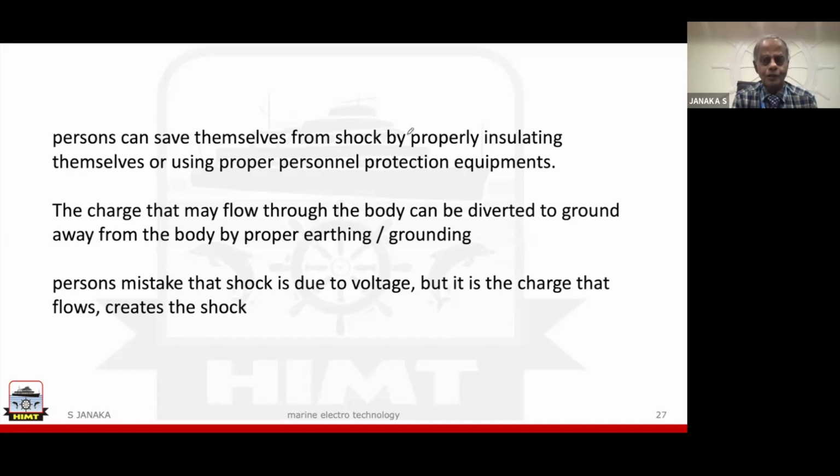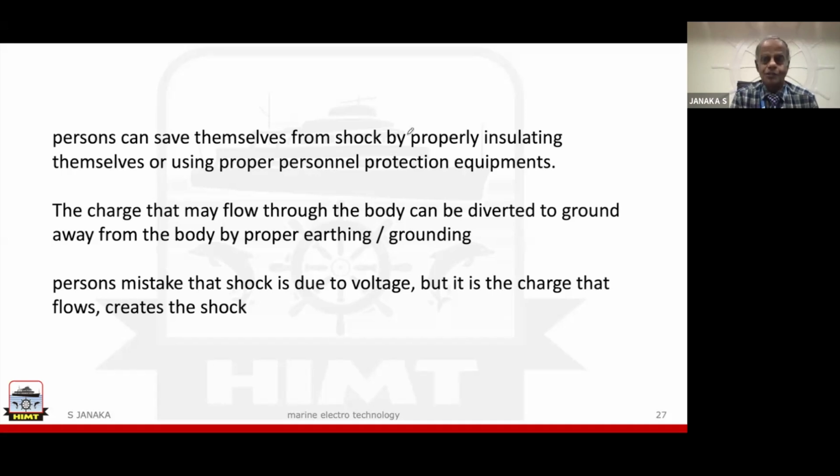So the grounding conductor that we use should have a resistance less than the body resistance, so that the current can get diverted. People mistake that shock is due to voltage. Agreed, there is a voltage, but it mainly depends upon the flow of current, or the flow of charge, through the body. So even with a low applied voltage, for example, my age is around 75 now, even with a 24-volt or 12-volt battery, I can get a shock.